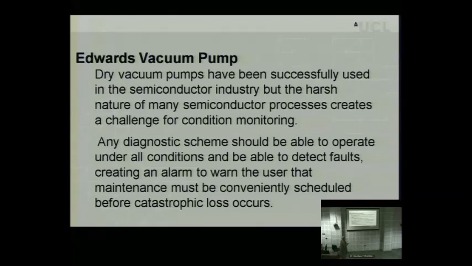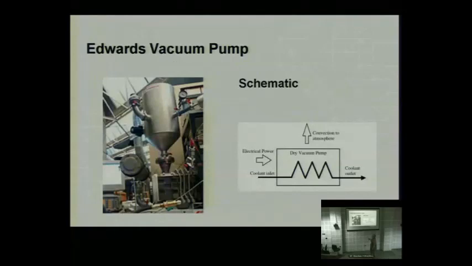And it has to be able to operate all the time. So from startup to operation, and it just needs to say that something is different, that there is something that is happening here and what it may relate to.